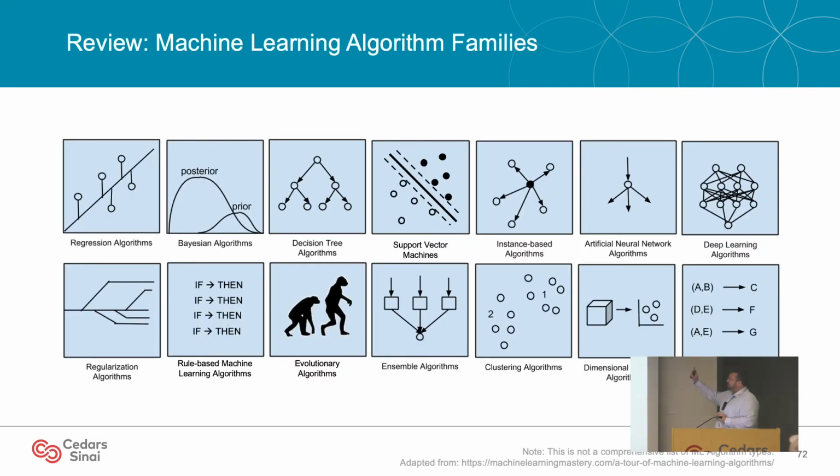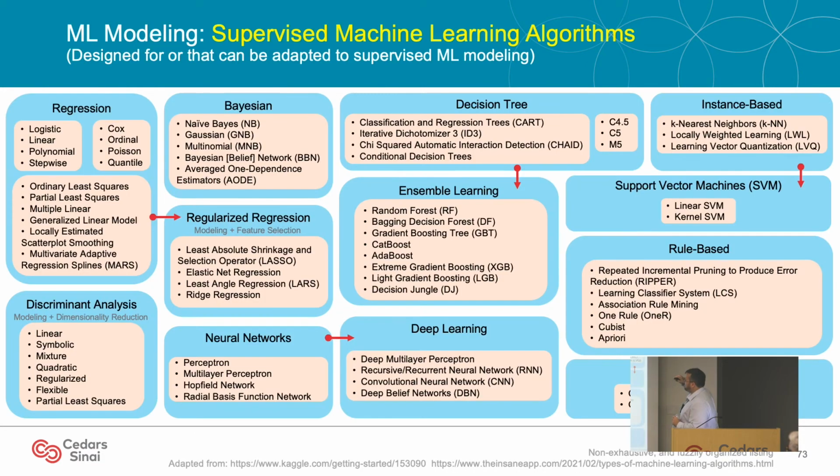All right, let's get back. You saw this slide earlier, and I mentioned that there are all sorts of machine learning families out there. I'm going to use this as a segue to give you a list of specific machine learning algorithms. You might recognize some or many of these names, or none of them if you've never touched machine learning before. I'm not going to go into detail here, but again, this is for reference.